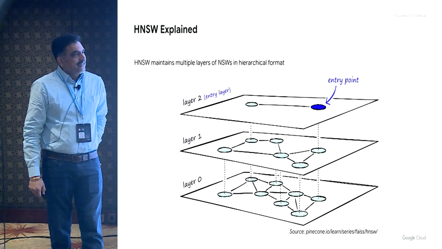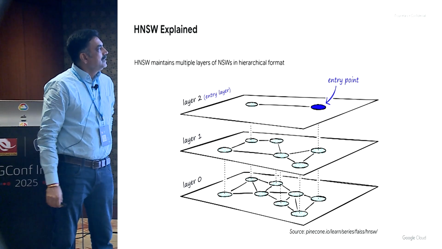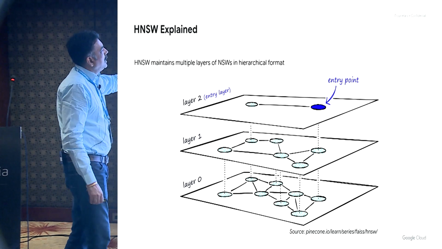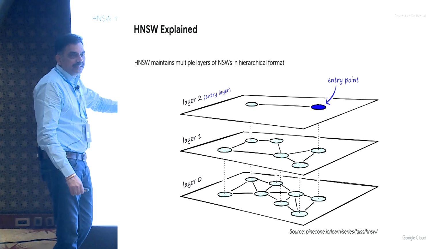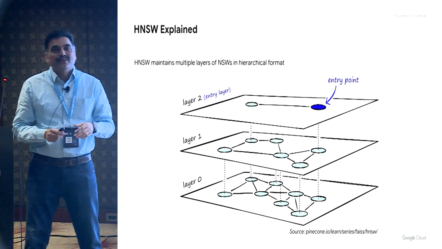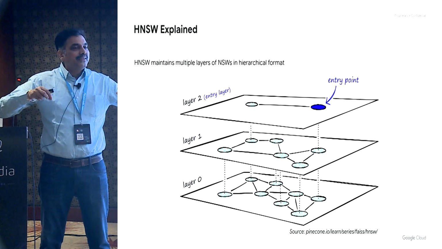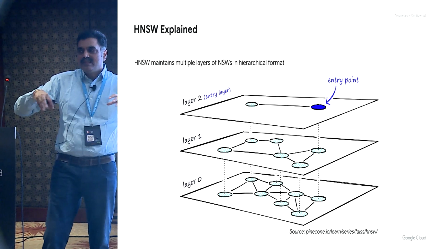Now let's understand the next index type, which is HNSW. As I said, there was the NSW algorithm, and then they added hierarchy on top of that, so it has different layers. Since I'm from Google, I can give an example of Google Maps. You think of it as a state or city, and then you navigate to a specific area.